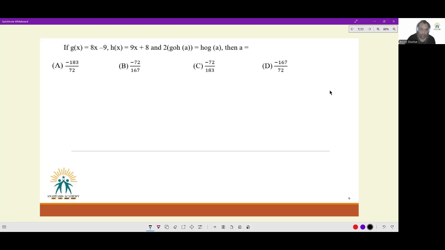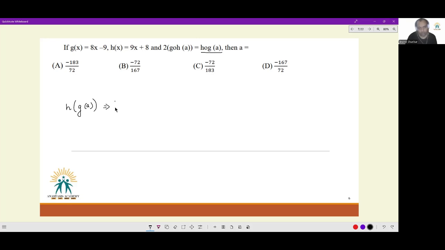Okay. Next, if g(x) is equal to 8x minus 9 and h(x) is equal to 9x plus 8, and 2 times g of h(a) is equal to h of g(a), then a is equal to? H of g of a. What this means is h of g of a. And we know g of a is 8a minus 9.